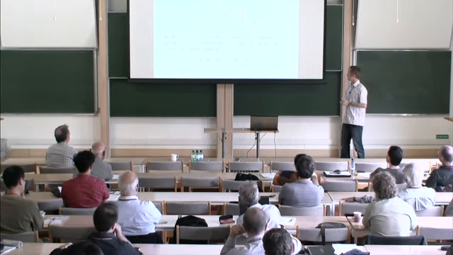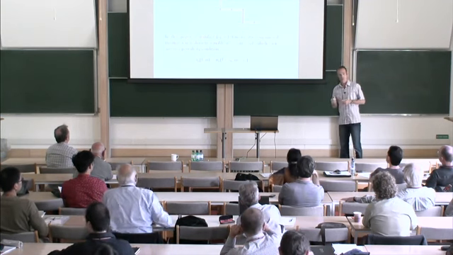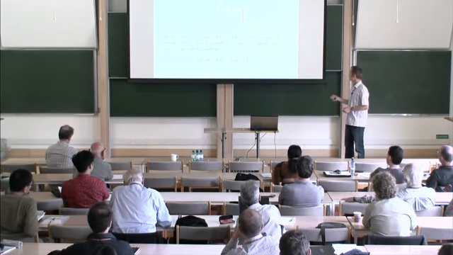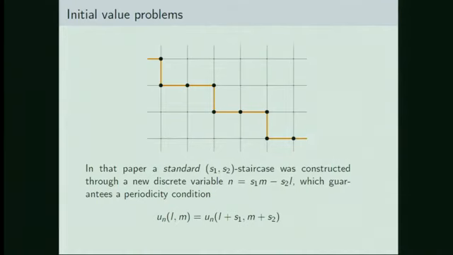So the way it was done, these staircases, was to introduce a new variable. So here is the new variable, you have S1, S2 periodicity. So S1 will be, say, if that point is the same as that point, then S1 will be 4 and S2 will be 3. And you can introduce that variable, and then if you look at the values of n, then you get exactly the values there.